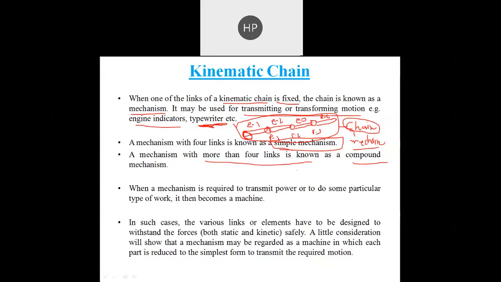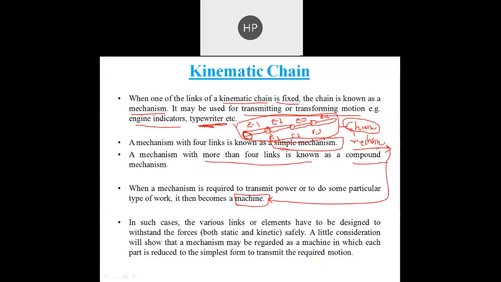When a mechanism is required to transmit power or to do some particular type of work, it then becomes a machine. Now we have slowly come to the definition of a machine. This is the mechanism, but when it is used to do some particular work, it is known as a machine.